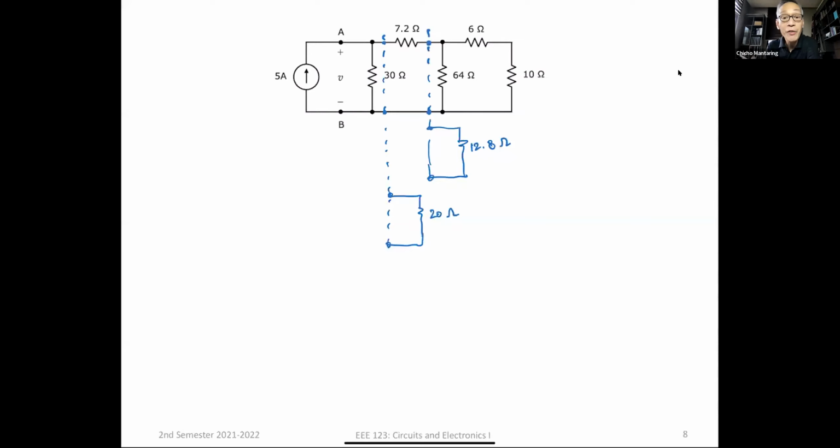Okay. Finally, what is my single equivalent resistance with respect to AB? So anong final equivalent resistance ko? Anyone?